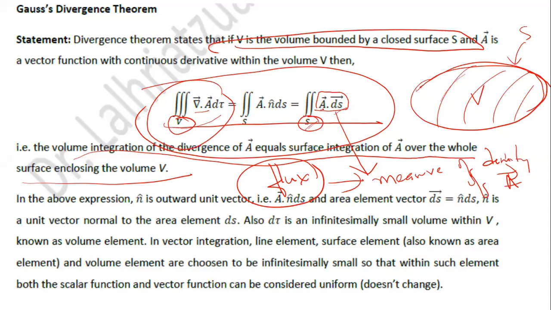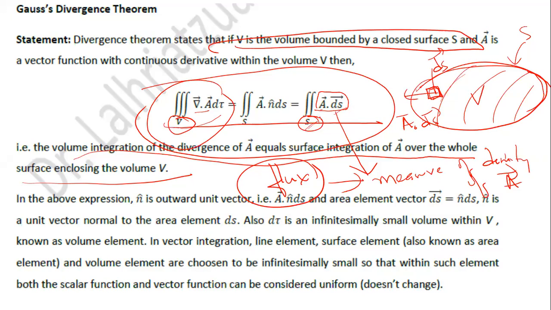So suppose you have a certain surface element here, ds, then A dot ds will give me the flux over this surface element.